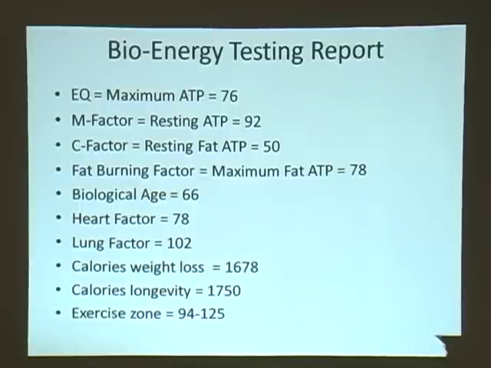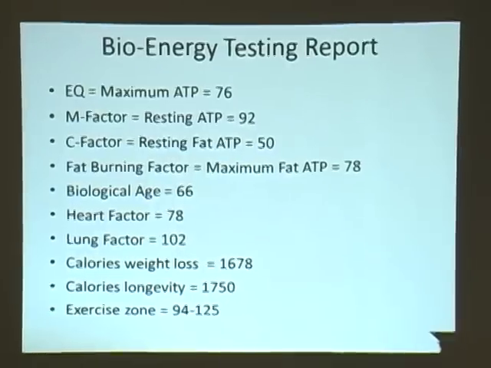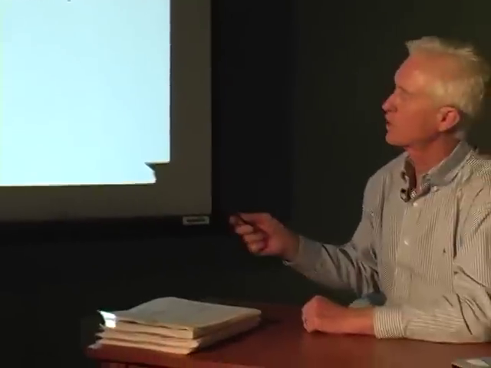On the bottom of the quotient is what's usual and typical for the average healthy 39-year-old man. So I'm comparing him to a healthy 39-year-old man. Now, his number is 76. So his maximum ability to generate ATP, his maximum aerobic cellular energy production, is at 76%. So he's actually a quarter below what he should be.